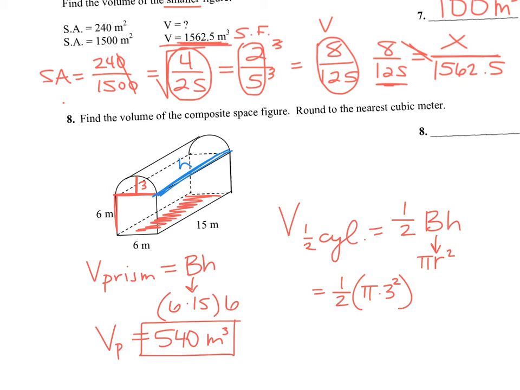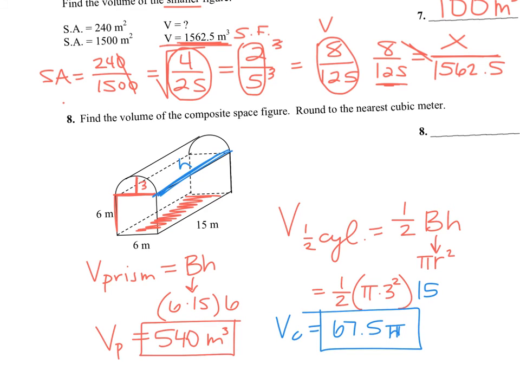This is the h of your cylinder. So that's 15. And then you're going to plug that in. So 1/2 times 9 times 15 is 67.5 pi. That's a pi, sorry. So that's the volume of the cylinder.